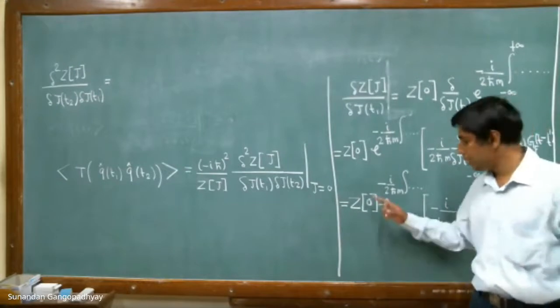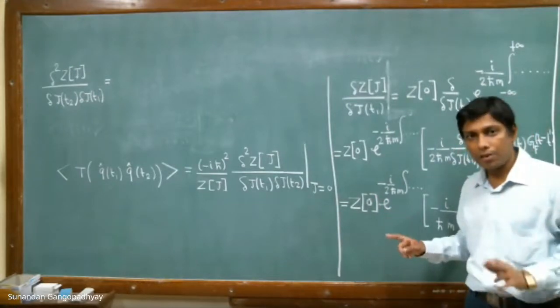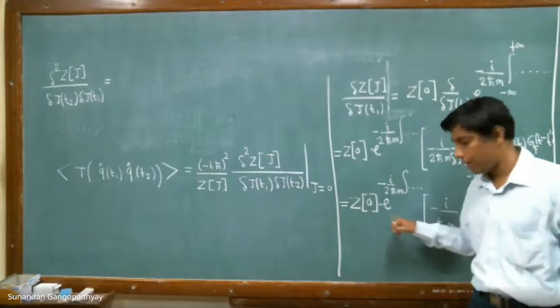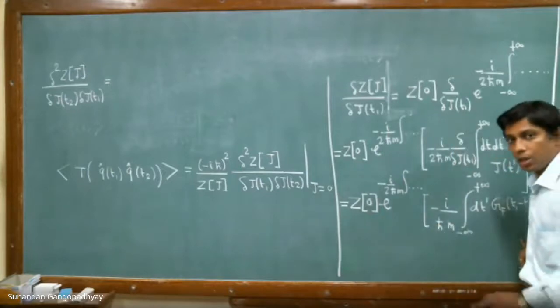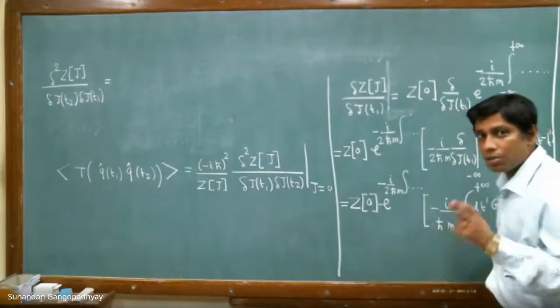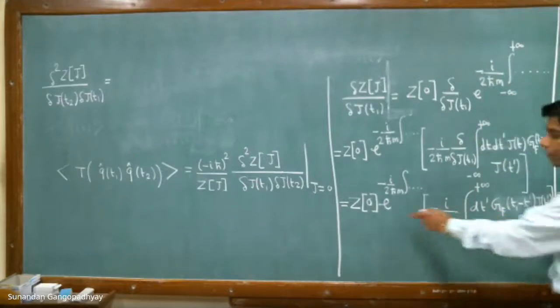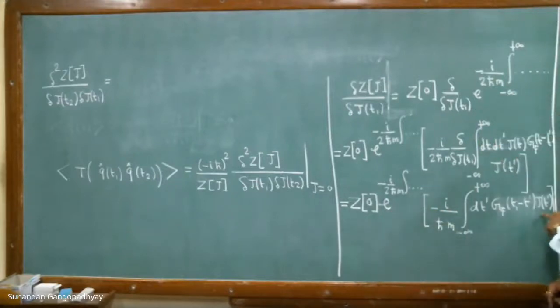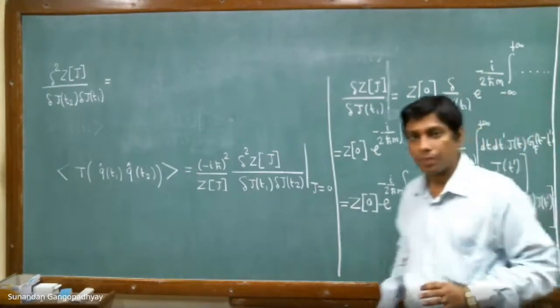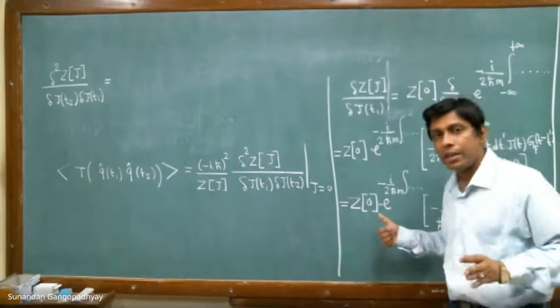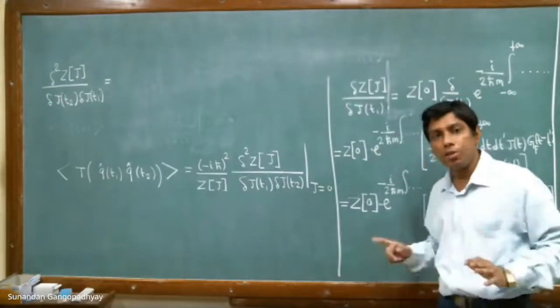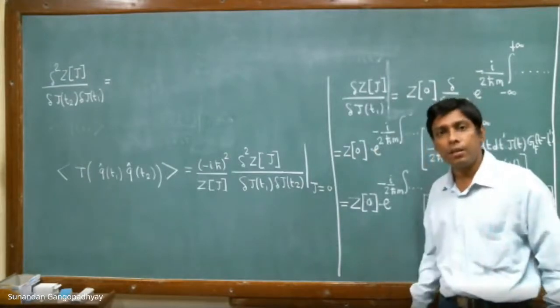The functional differentiation acts on this term, and this remains untouched. At the end of the calculation, you have to set J equal to 0. But J equal to 0 means this first term is gone, because here there is a J(t2). So the contribution where J(t2) acts on this term is 0 when J is set equal to 0.